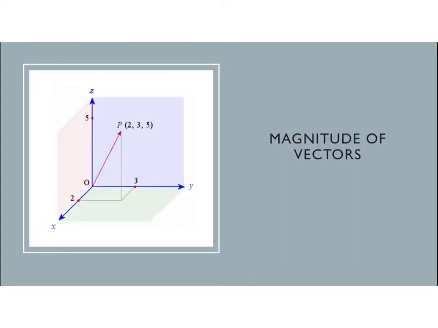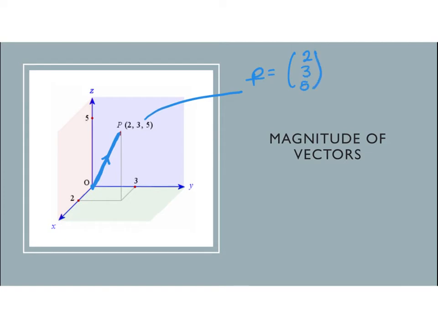This one here, we've got a position vector that runs from O, the origin, up to the point P. Remember, the magnitude is the length of this line here. So using those numbers, the vector P will be 2, 3, 5. Remember, that's a position vector.